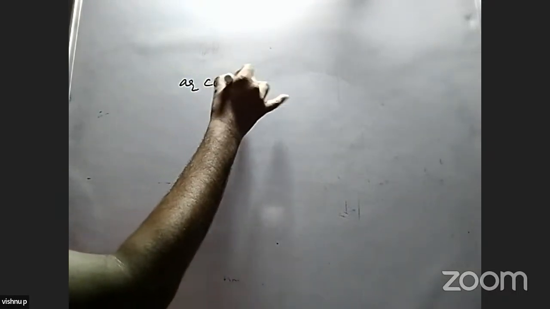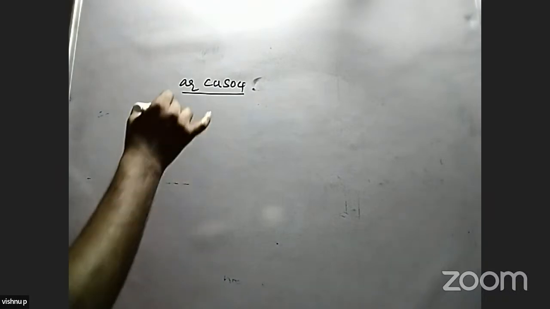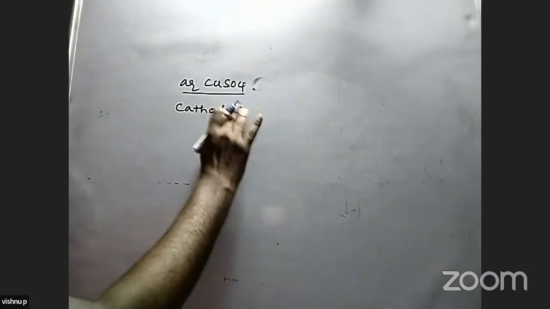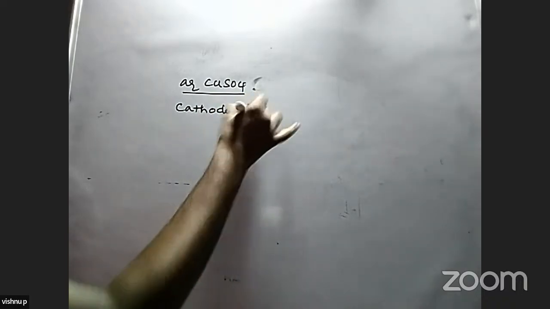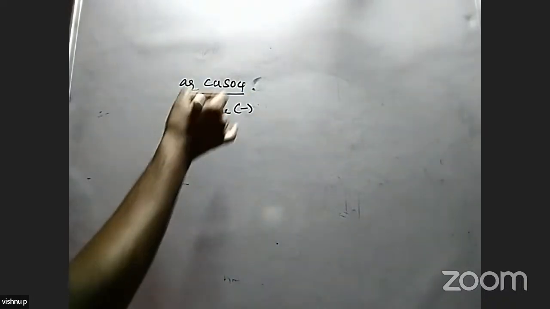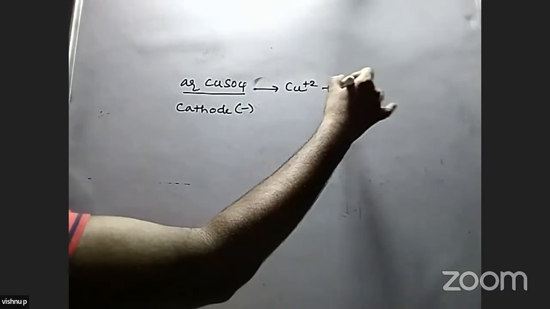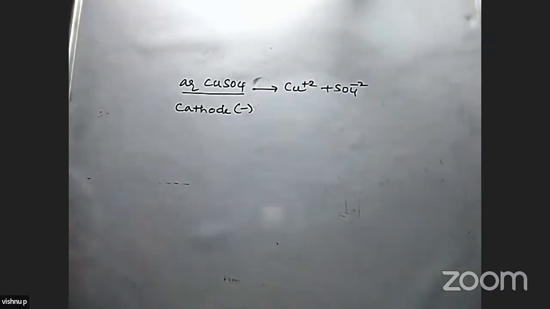Electrolysis of aqueous copper sulfate. In this reaction, what reaction takes place at the cathode? The cathode is the negative terminal. The copper sulfate electrolyte, in the liquid state, is dissociated into Cu2+ and SO4 2- ions.